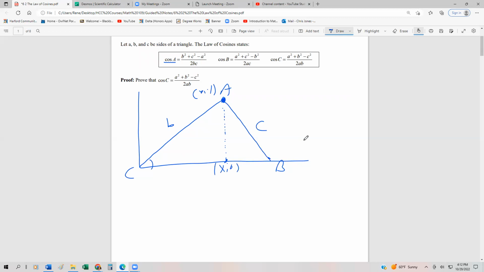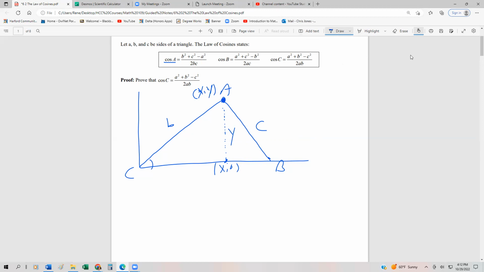Now, let's make sure that we can get the coordinates for this point. By the way, the height of this triangle would be y, since this is the coordinate x comma y.